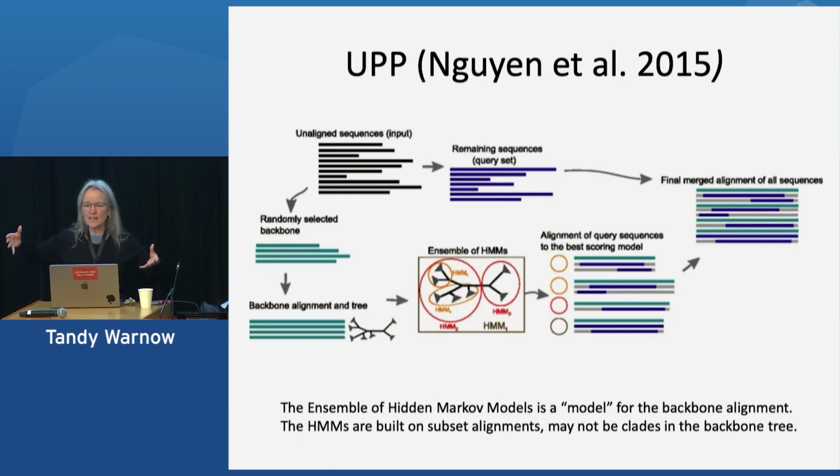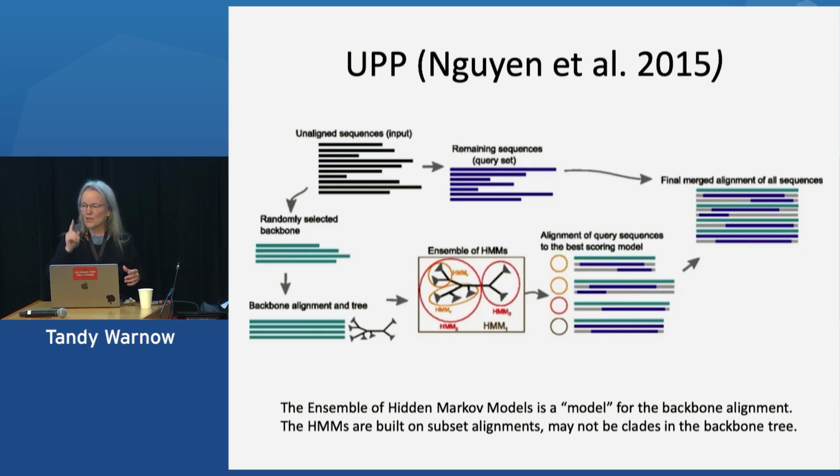There's the full data sets, then you break into 2 pieces by balanced cut, and then you break each of those into 2 pieces until each subset is maybe size 10. And now on every single subset, you have an induced alignment. And you take each of those induced alignments and you build a hidden Markov model.